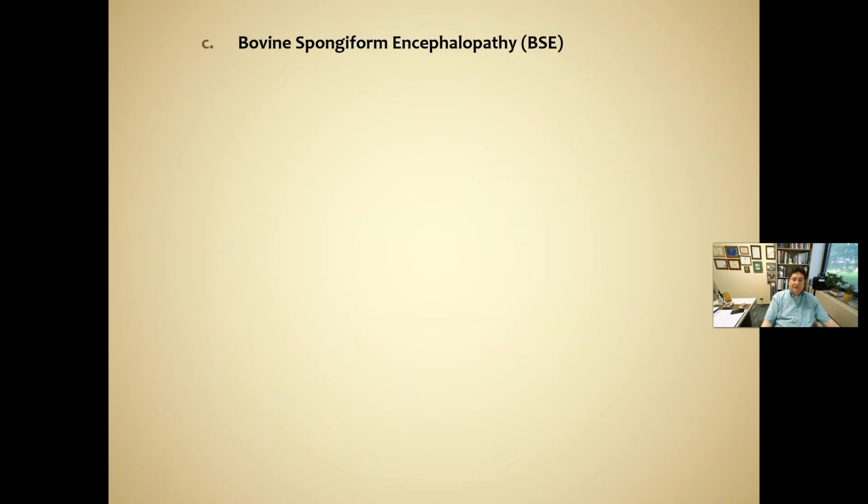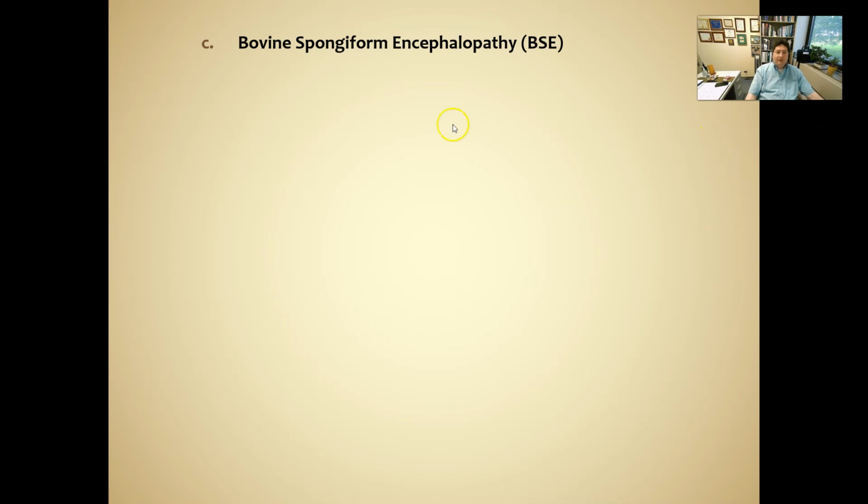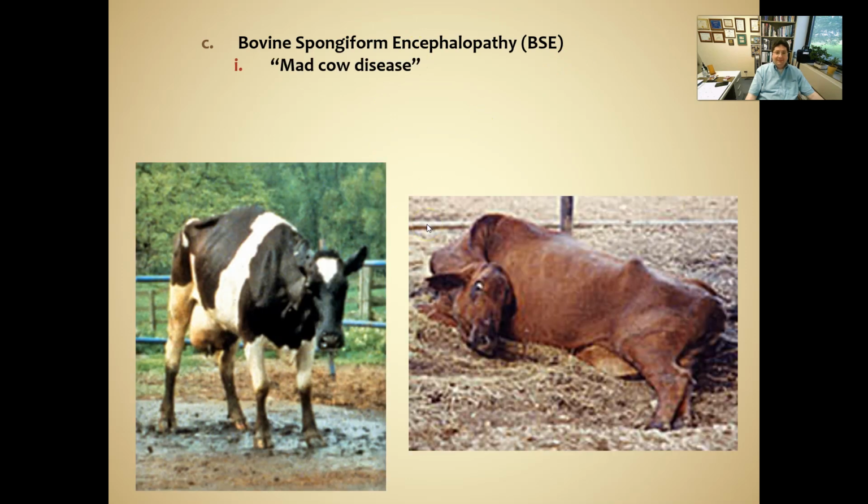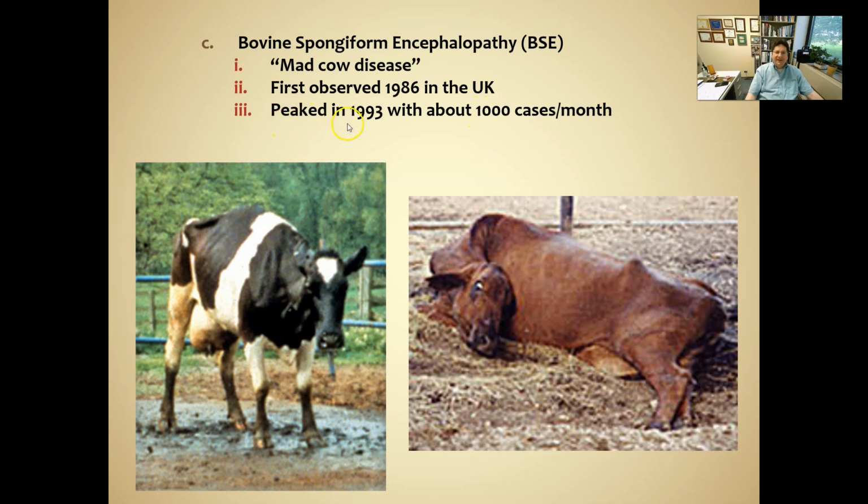And then lastly is mad cow disease, known formally as bovine spongiform encephalopathy, or BSE, pictured here in these poor cows. This was first observed in 1986 in the United Kingdom. Its worst outbreak was back in 1993, with about 1,000 cases per month.